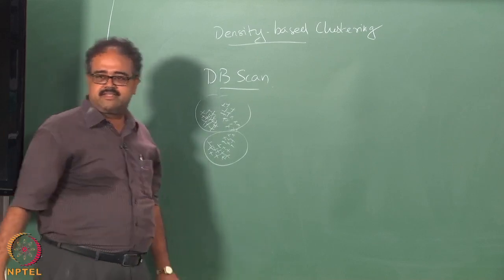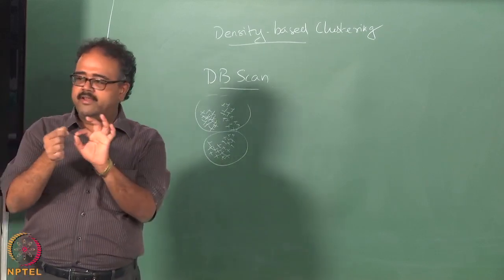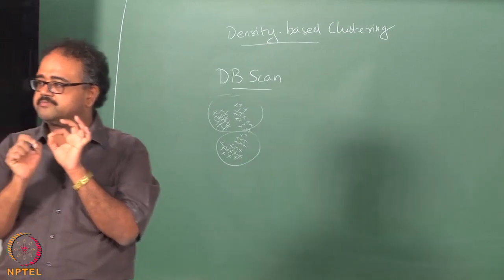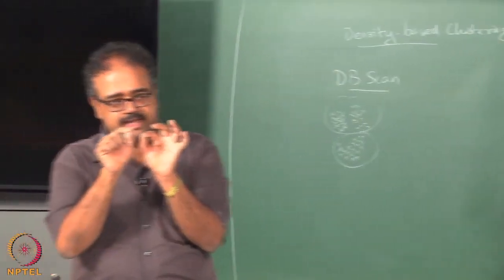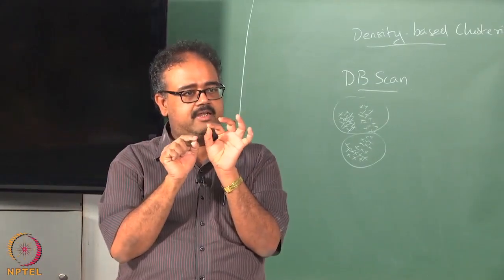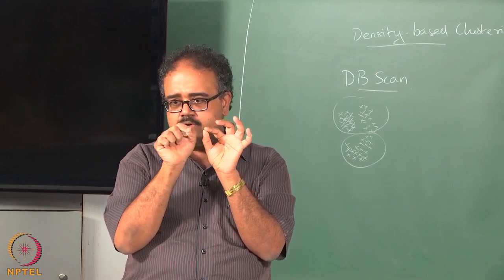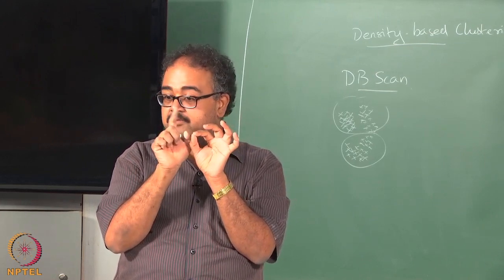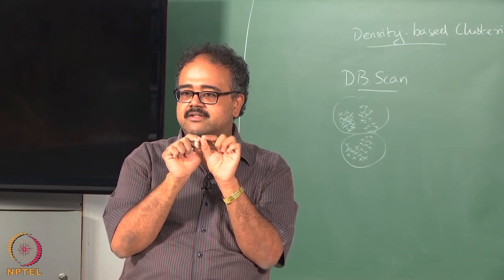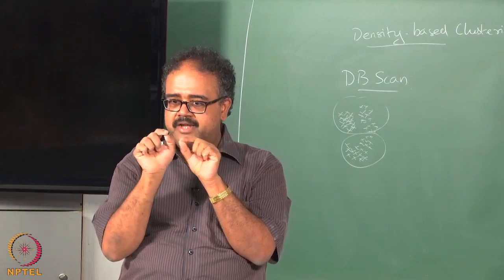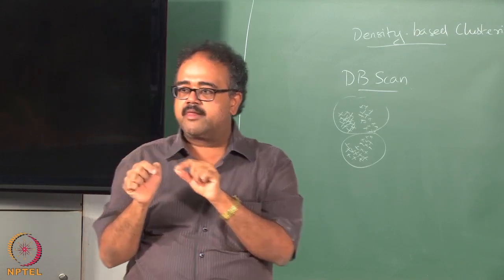So what DB-scan says is that two points belong to the same cluster if I can get from one point to another by moving only through dense regions, only through points that are close by.